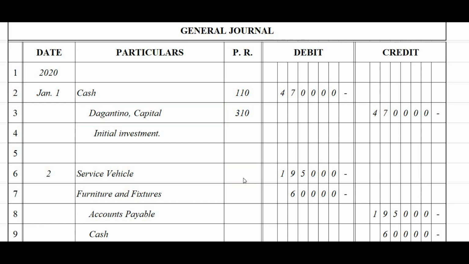So for a service vehicle, this is 140. Furniture and fixtures is 150. Accounts payable is 210 and cash is 110.